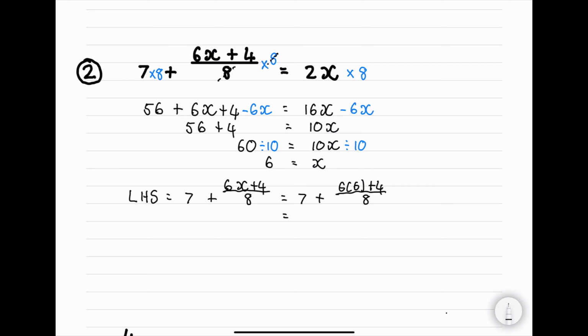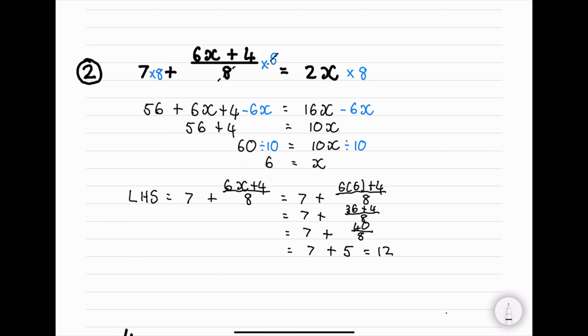Which is 7 plus 36 plus 4 over 8. 7 plus 40 over 8. Which is 7 plus 40 divided by 8 is 5. And that gives you 12.